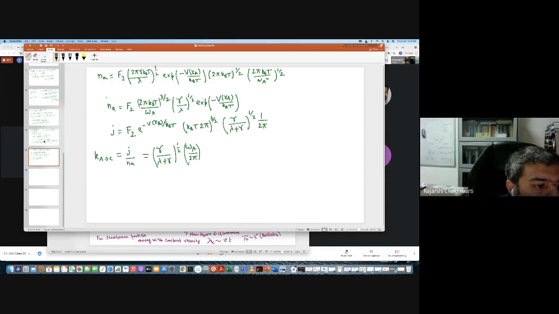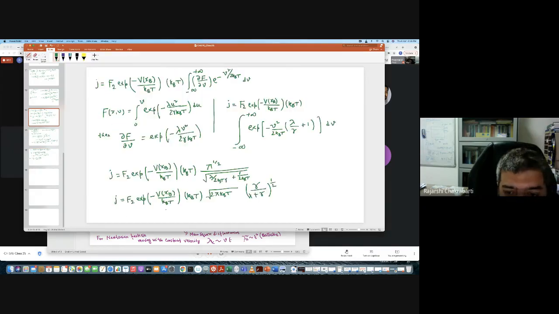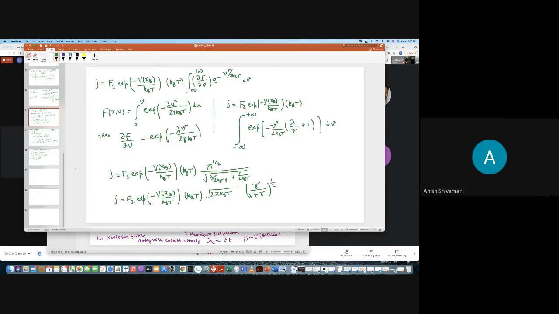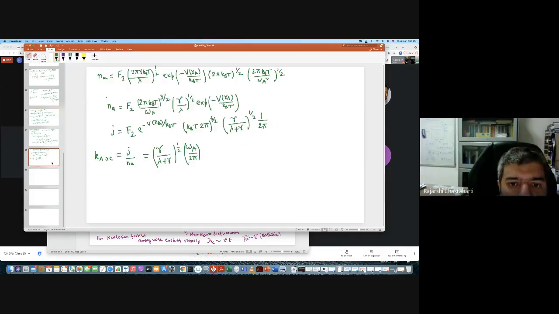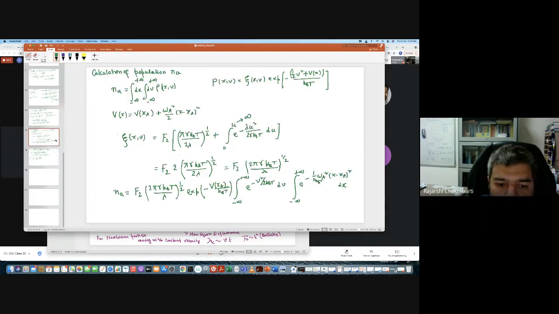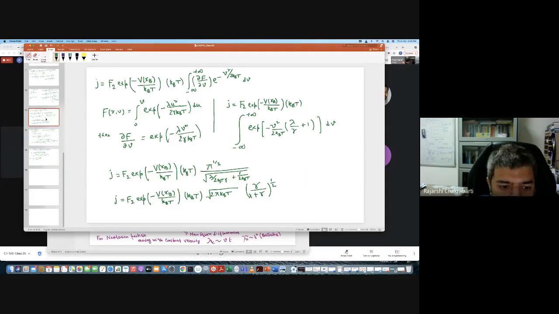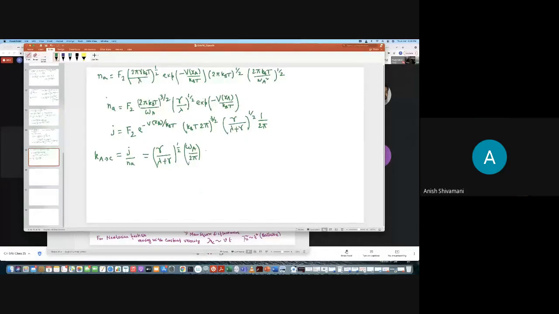What was J, f2? So J was this gamma by lambda plus gamma. Yes, to the power half. I have put this gamma by lambda plus gamma to the power half. Okay, so that is there. But what else? Into that will get multiplied with lambda by gamma to the power half. You have gamma by lambda to the power half in the denominator.